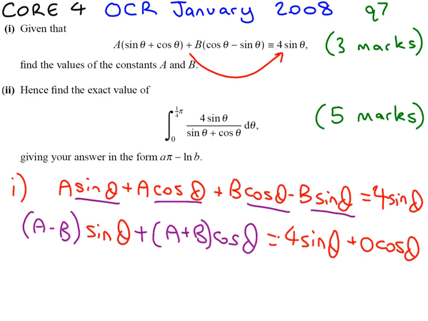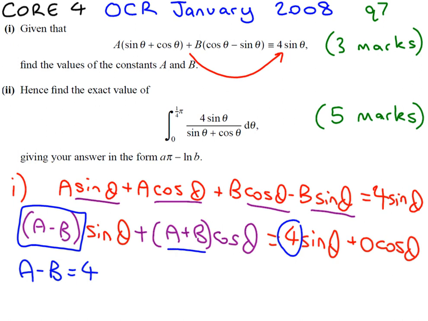You've got no cos thetas and 4 sin thetas, aka A minus B must be 4. Not only that, A plus B must be 0 because we've got no cos thetas. So you have two very simple simultaneous equations.